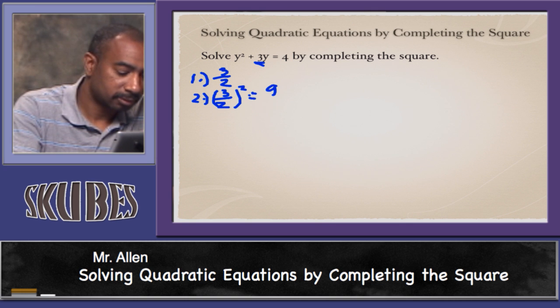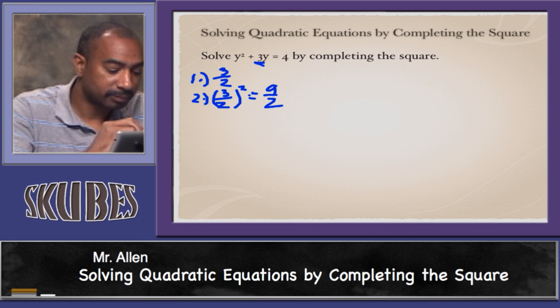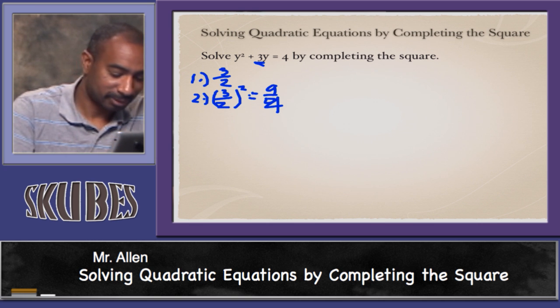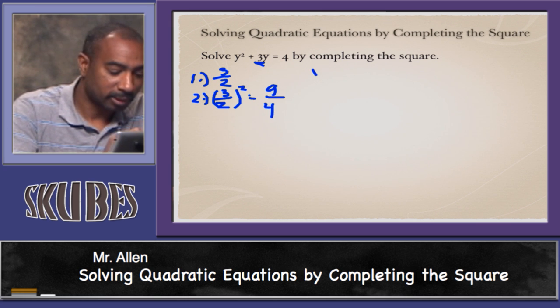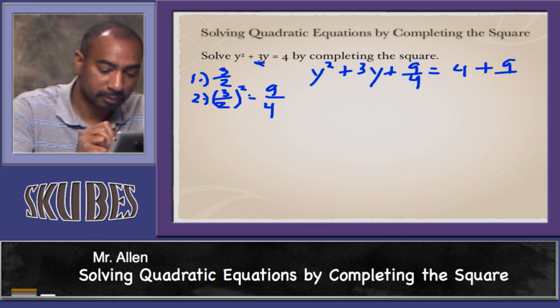That gives us 9/4. You can add 9/4 to both sides. So you get y squared plus 3y plus 9/4 equals 4 plus 9/4.